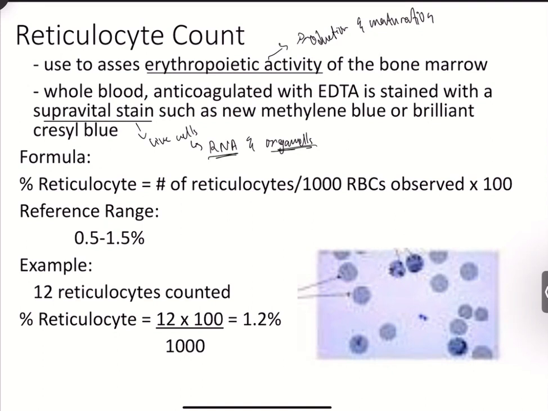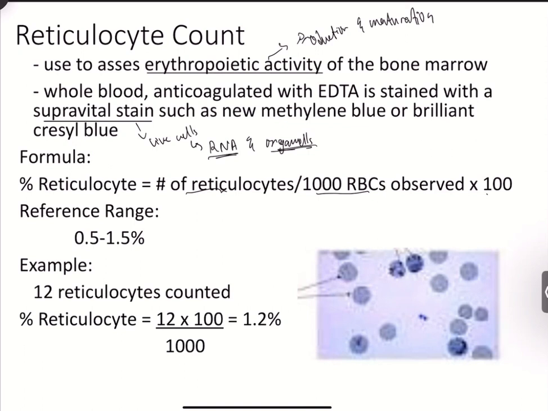The reticulocyte count is read in percent. The formula is the number of retics over 1,000 RBC observed times 100. In every 1,000 RBC, you will compute for the number of retics.